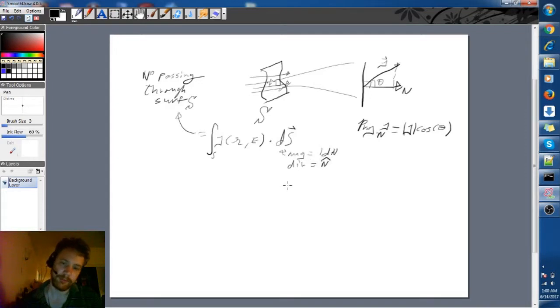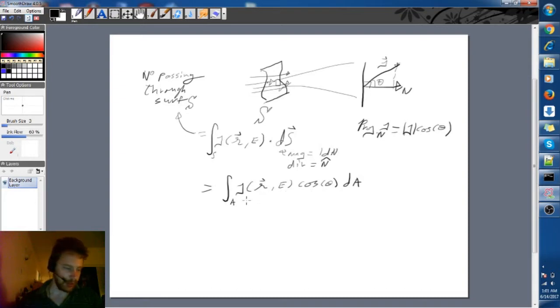So we could rewrite this as an area integral of J, or current, times the cosine of our angle between the normal vector and the current vector, times dA.